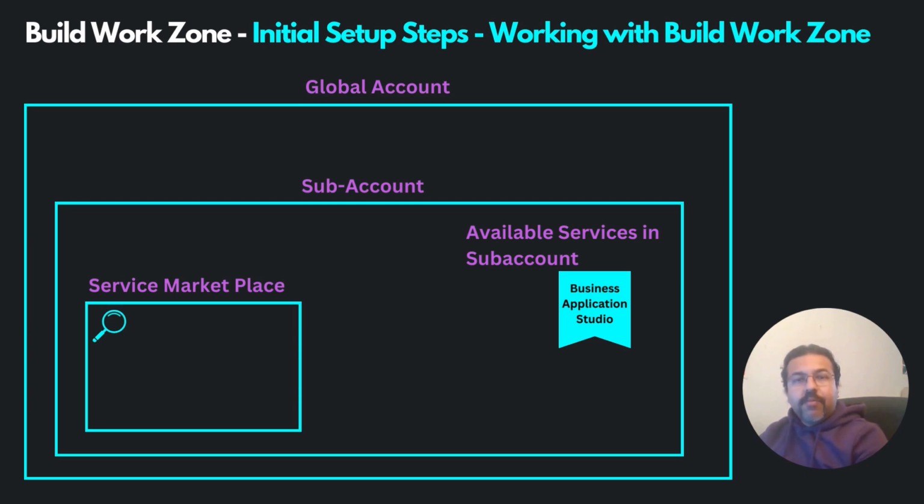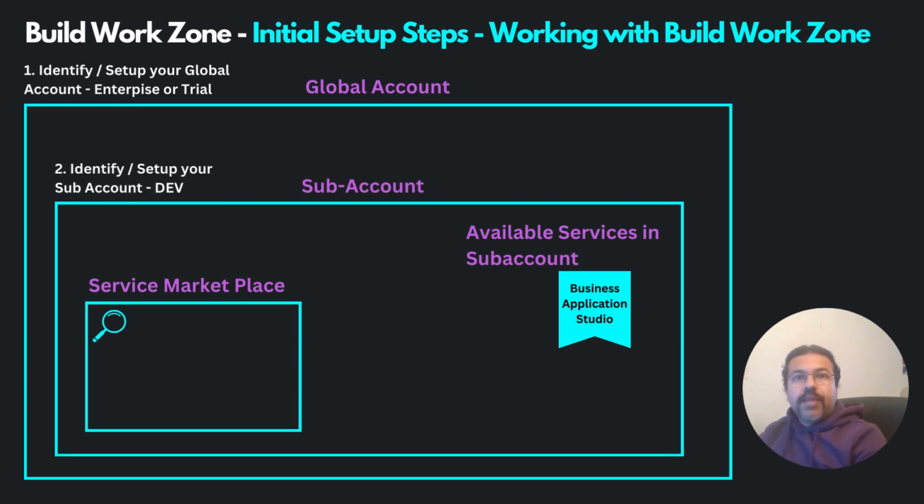Step 1, identify your global account. Step 2, identify the sub account within the global account that you're going to be using. Important point to note here, you can use trial accounts as well. Step 3, in the service marketplace, search for the application SAP Build Work Zone and create an application subscription.